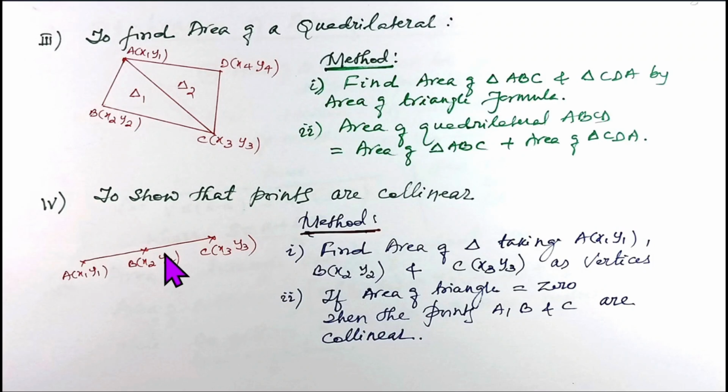Using these coordinates, find the area with the area of triangle formula. If the area of the triangle is 0, then the 3 points A, B and C are collinear. So the method is very simple. These are again important applications of the area of triangle formula.